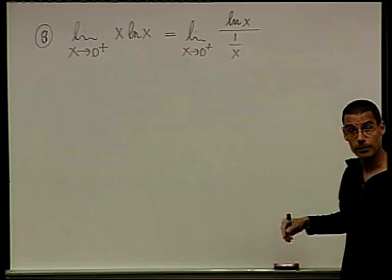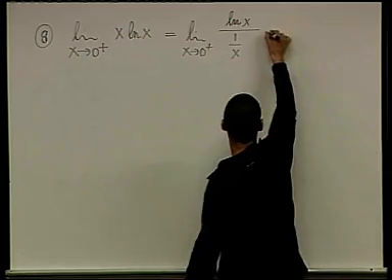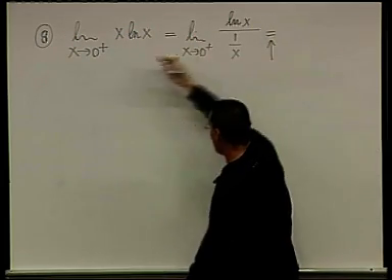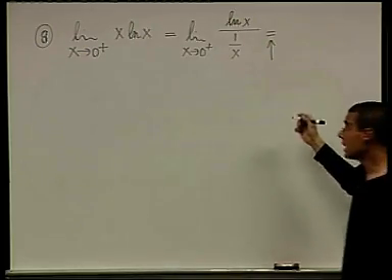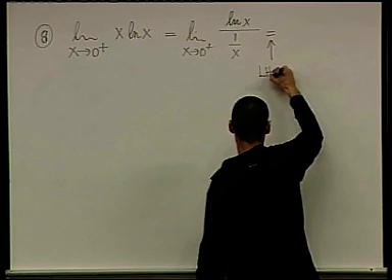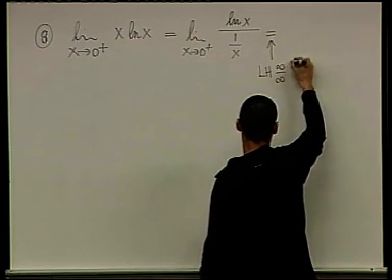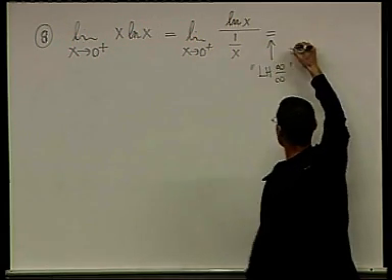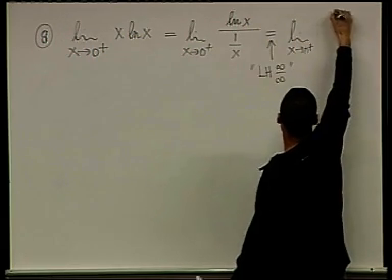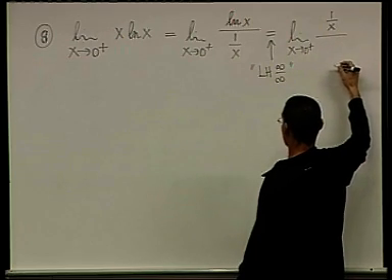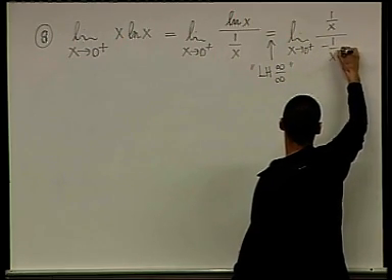Do you agree? Okay. So now we can apply L'Hopital. And I just rewrote it. I just took the reciprocal of one part. Okay. So now we can use L'Hopital infinity over infinity. And we get the limit, x goes to 0 plus, the derivative of the top, 1 over x, derivative of the bottom, negative 1 over x squared.